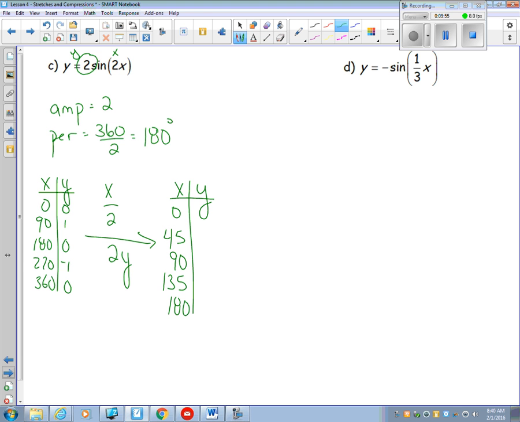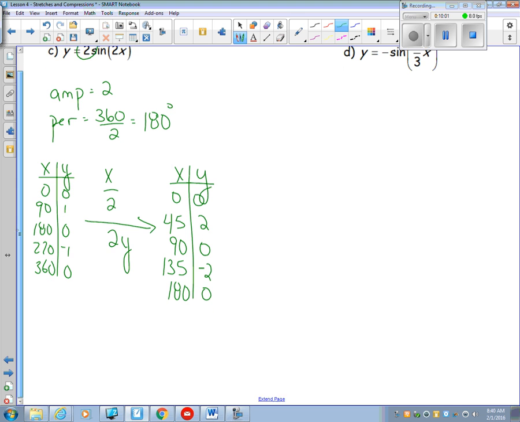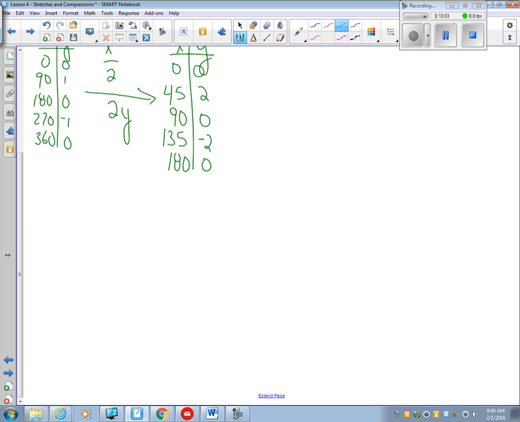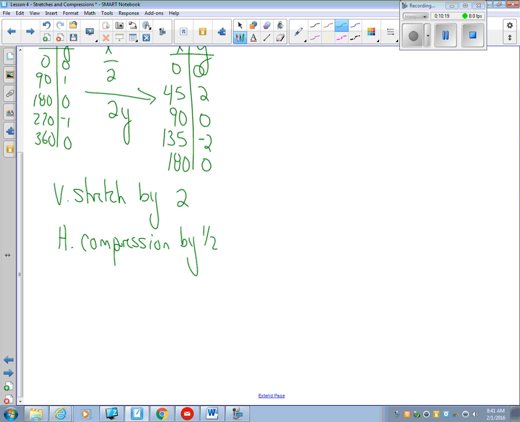Our Y's times 2: 0, 2, 0, negative 2, 0. Okay, what have we done in words? Two things. We've done a vertical stretch, that's the y ones, the amplitude, by 2, and a horizontal compression by half, right? It's half the size it used to be.